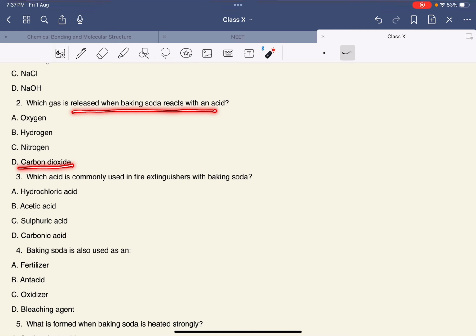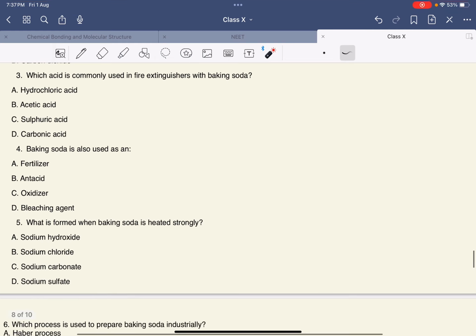Carbon dioxide. Which acid is commonly used with baking soda in a fire extinguisher? Normally hydrochloric acid. Baking soda is used as fertilizer, antacid, oxidizer or bleaching agent.